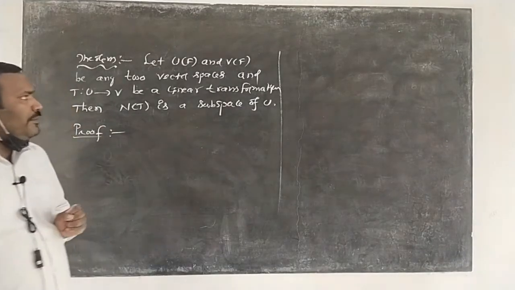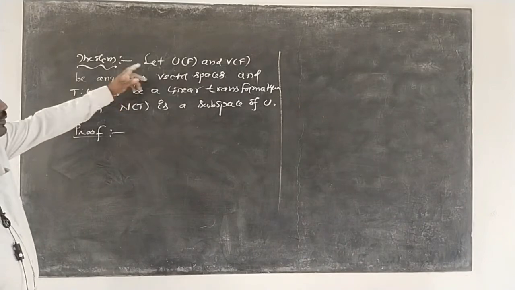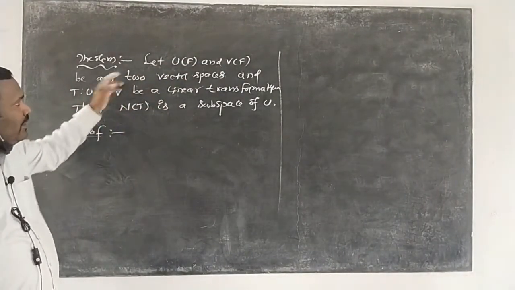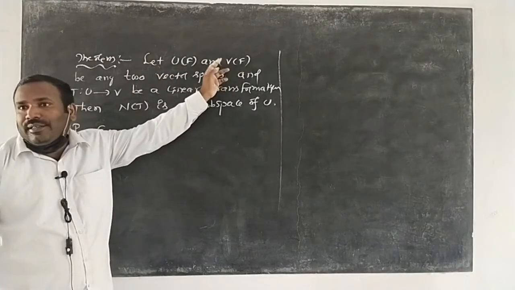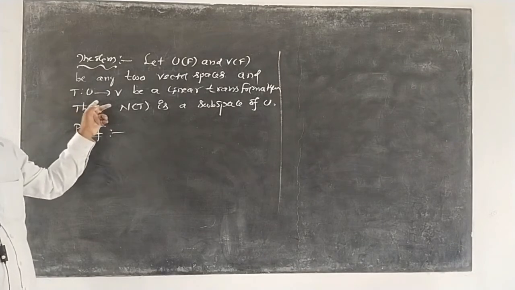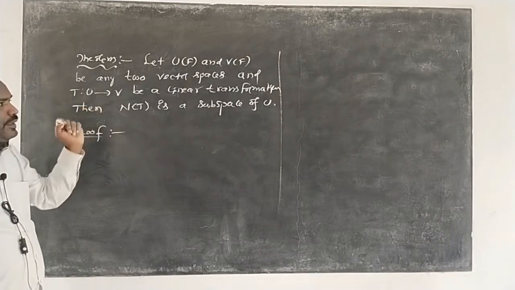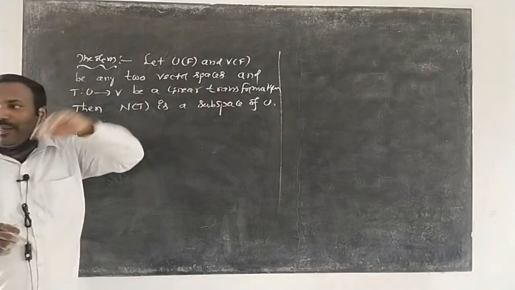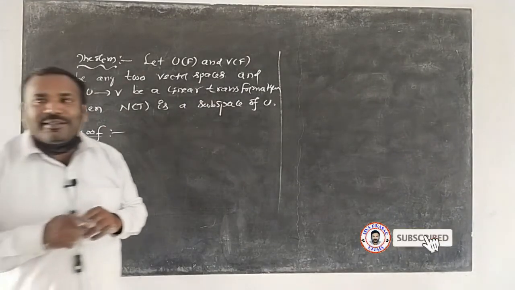If you see the statement, U and V are two vector spaces, both defined on the same field F. T is a linear transformation from U to V. We are asked to prove that N(T) is a subspace of U. That is our claim in this theorem.